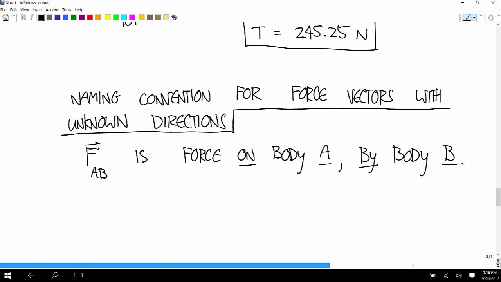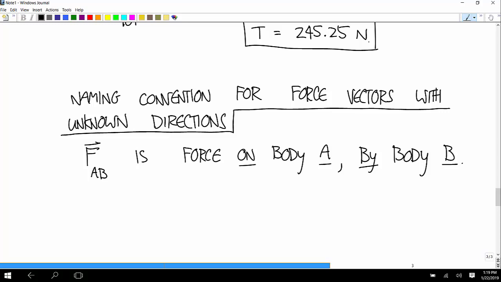And the sad thing is, this convention is not universal. It seems to be the case that engineers use a convention like this, and physics people tend to use the convention that FAB is the force that body A applies to body B. So you have to be careful when you see this. You have to know what convention people are using.